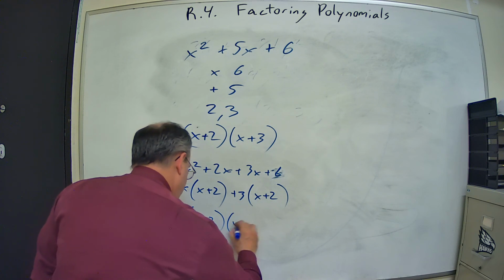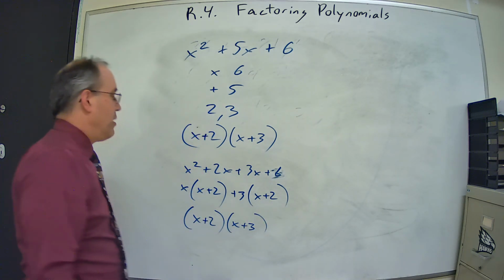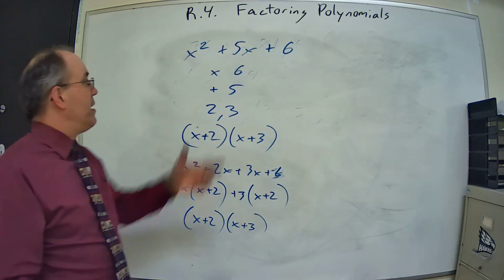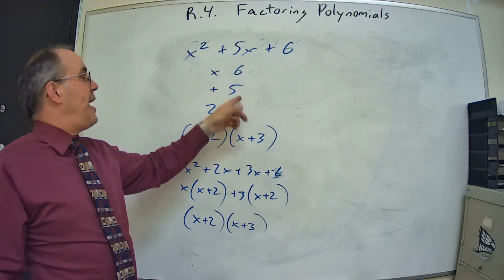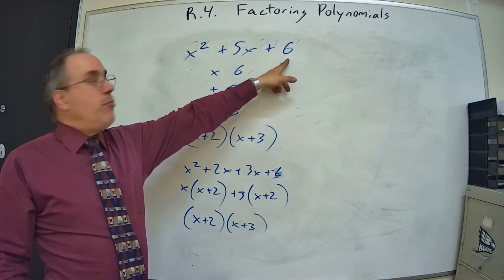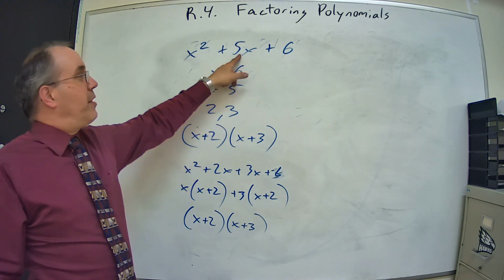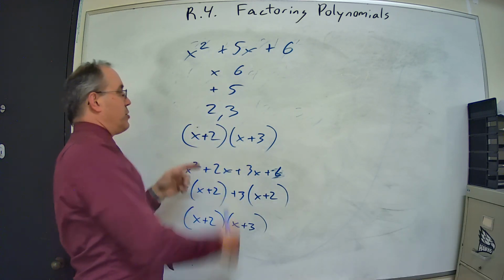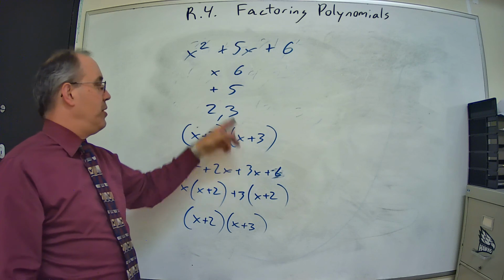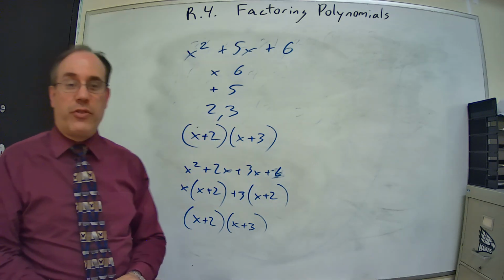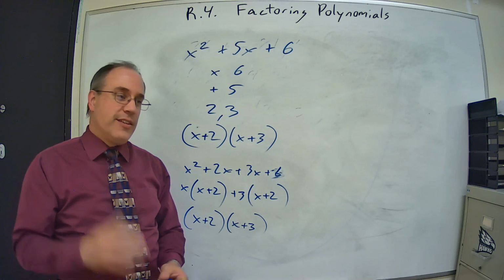And we're left with x plus 3. So if your leading coefficient is 1 and you're factoring a trinomial, first thing you should do is see, can I find two numbers that multiply to the constant term and add to the middle term? If I can, just build it immediately, x plus 2, x plus 3, instead of going all the way through factoring by grouping. Okay, so enjoy factoring.